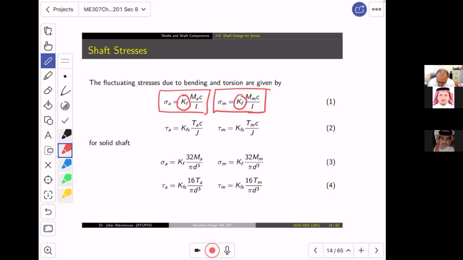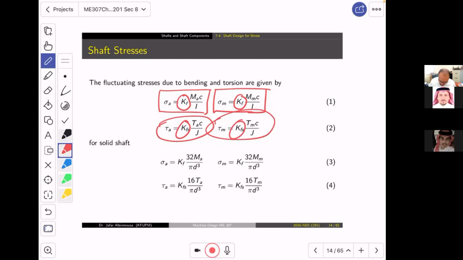And now we will also deal with torque the same way. We will have tau a equals T c divided by J, where c is half of the diameter, and then we will multiply by the fatigue stress concentration factor. Now, we know that we are going to use a solid shaft, so why should we keep it I and J?